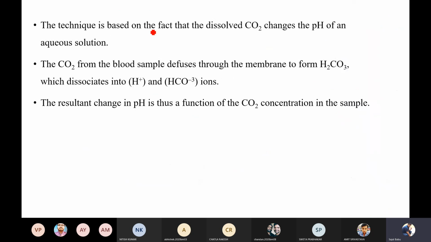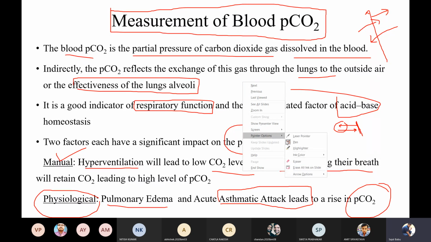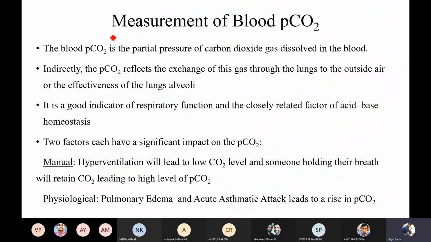Let me explain this also. Let me erase this. So what you are measuring is the PCO2, and what is the PCO2? It is the carbon dioxide gas dissolved in your body. From the blood, the air comes into the alveoli, and from the alveoli the carbon dioxide goes out, right?